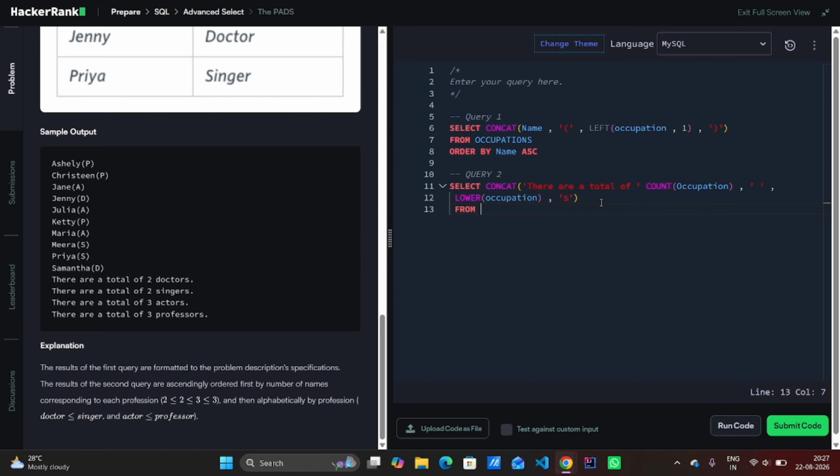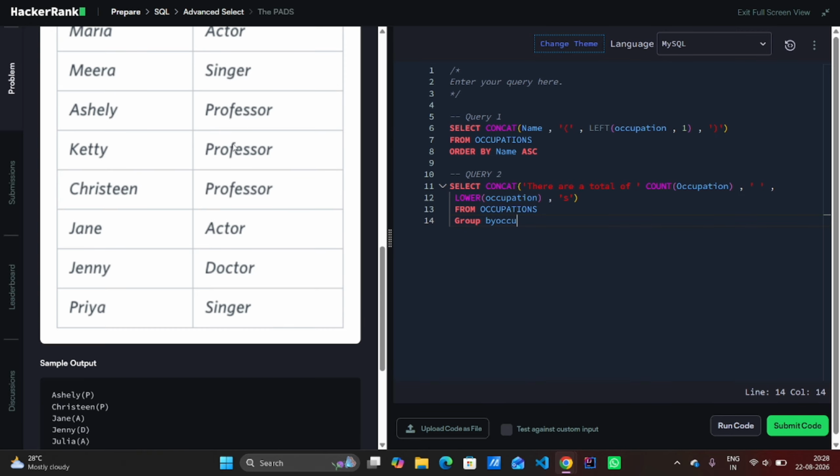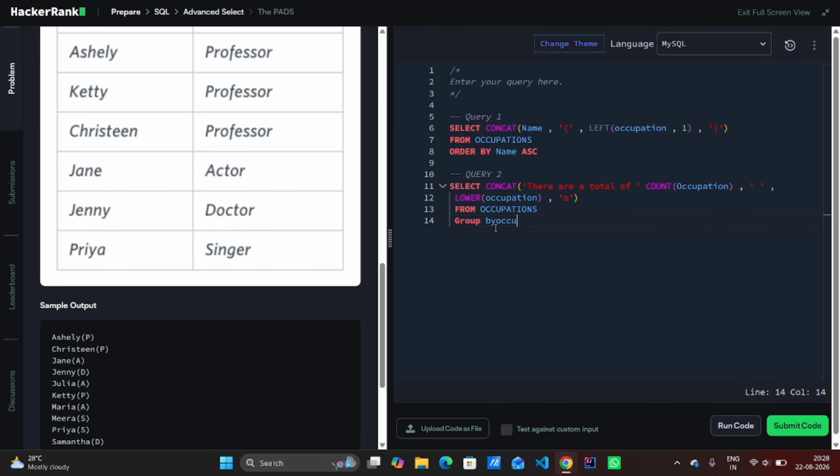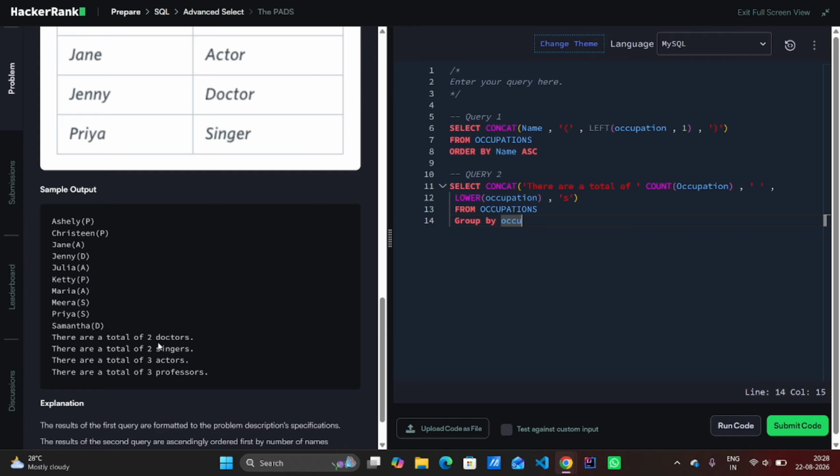And from the occupations table, group by, as I said earlier, we have to group their professions, so that we can count how many are there: two doctors, three doctors, three actors, anything.